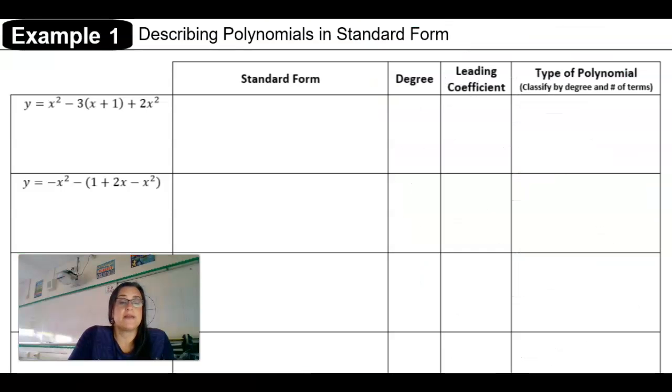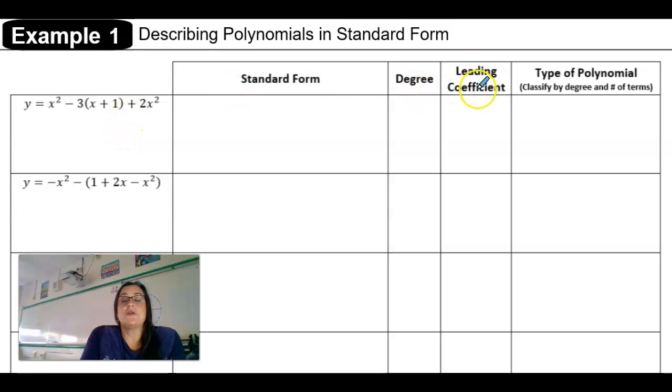So let's take a look at example 1, where we're going to put this information all together. Before we look at the degree, the leading coefficient, the type, we're going to need to put this polynomial into standard form. So I'm going to distribute this -3 to get rid of the parentheses, and I'll have x squared minus 3x minus 3 plus 2x squared.